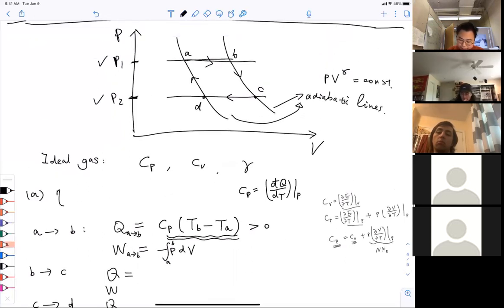By the way, from A to B you can see the volume is increasing, meaning that the system is doing positive work on the environment, meaning that the system is losing energy.